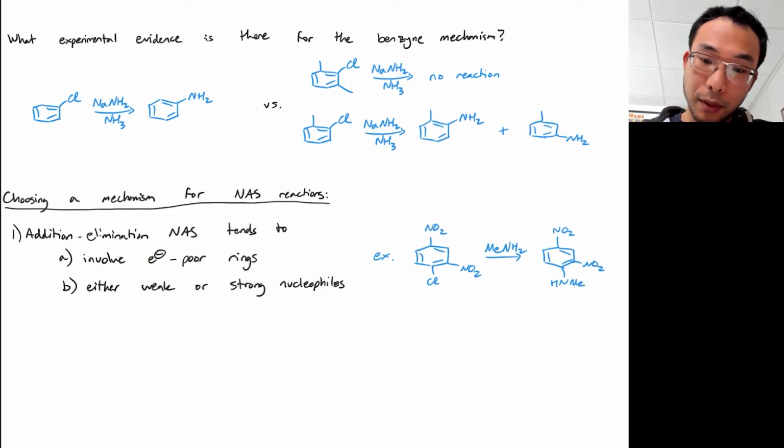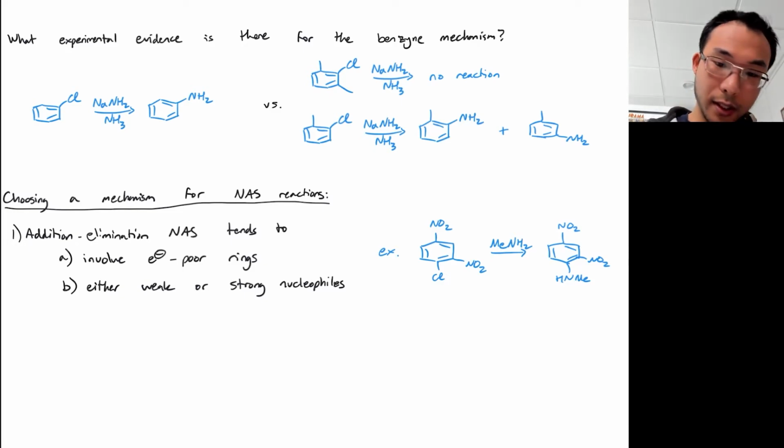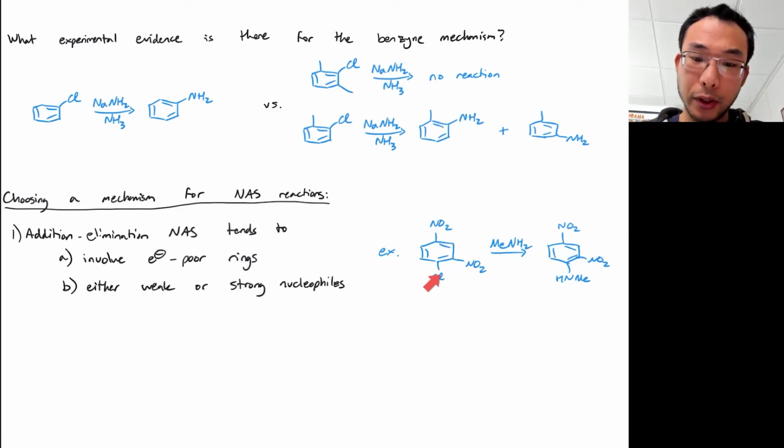A good example of that is right here. So this is a dinitrochlorobenzene. The nitro group is extremely electron withdrawing, and so with two of them here, that really activates this ring for NAS reactions. And so even a weak nucleophile like a neutral methylamine here is able to react.